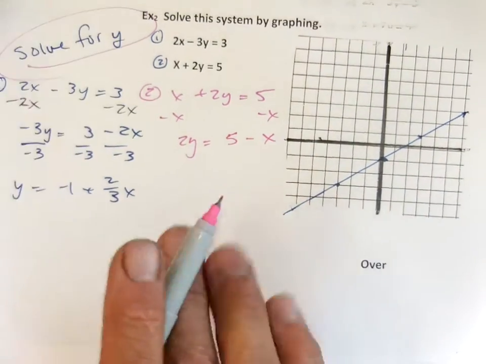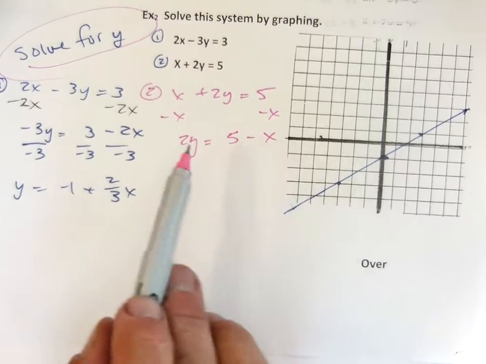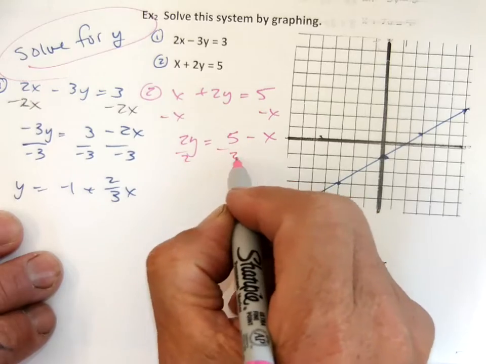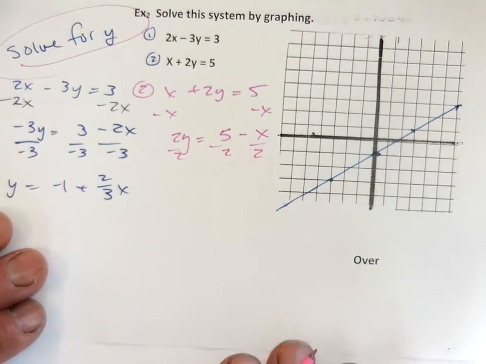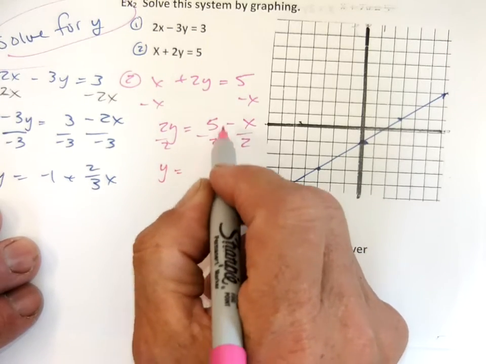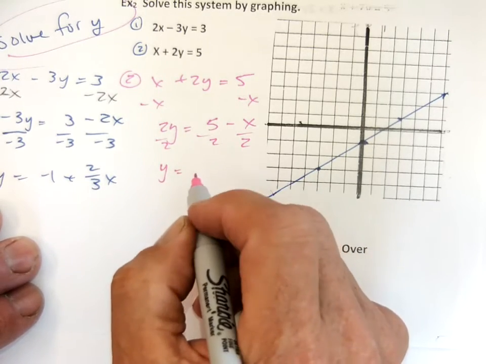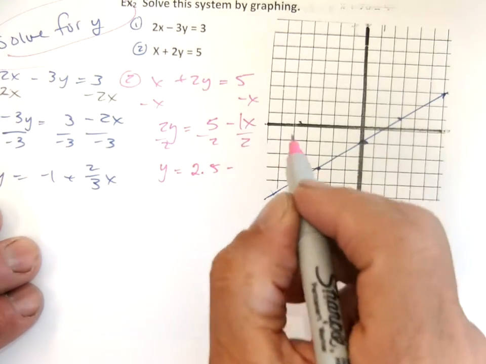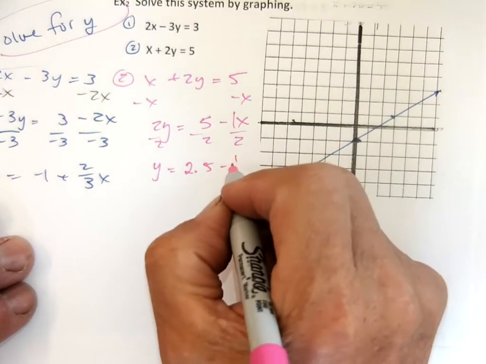You can't subtract those. One's a whole number, the other's an x. So you keep them separated. Divide by 2, divide by 2, divide by 2. y equals 5 divided by 2 is 2.5, minus 1/2 x.